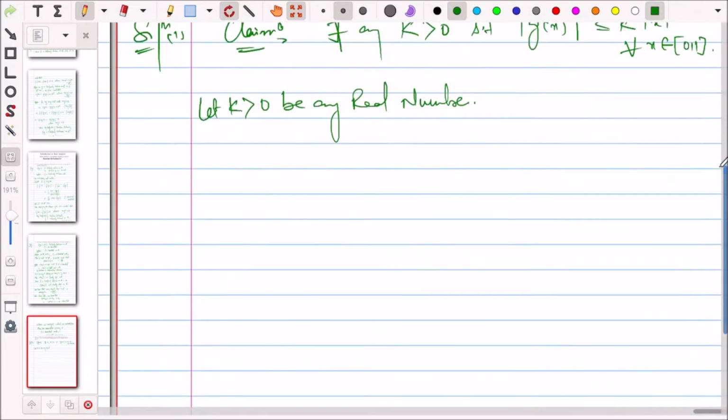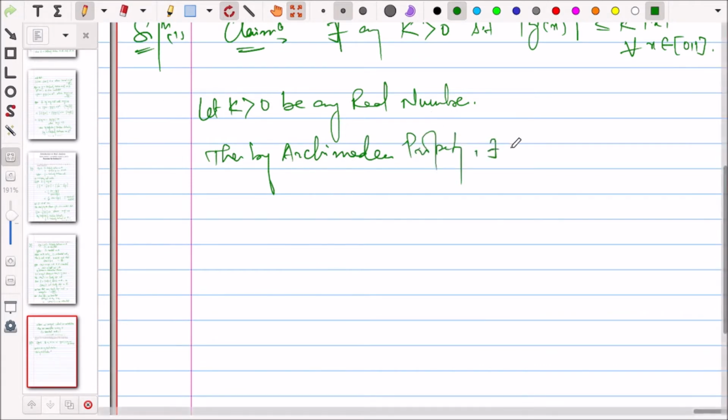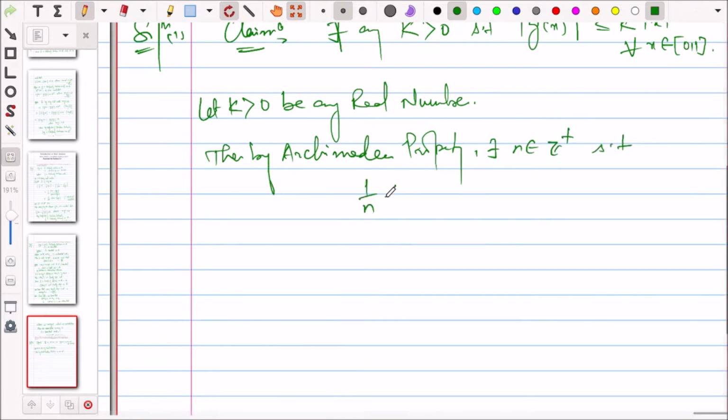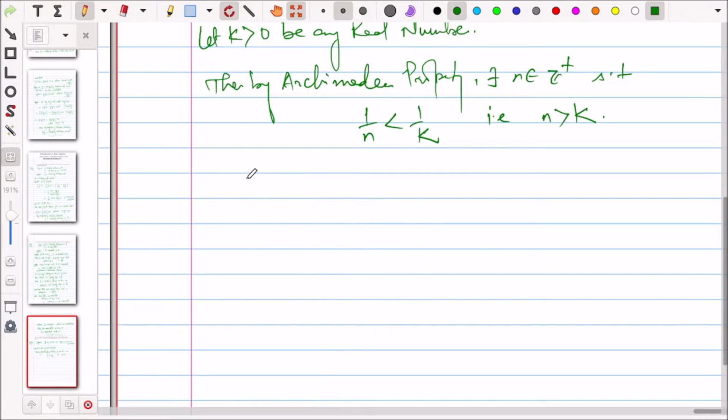Then by the Archimedean property, there exists a positive integer n such that 1 by n is less than 1 by k, because k is greater than 0. That is, we are taking the integer which is greater than k.